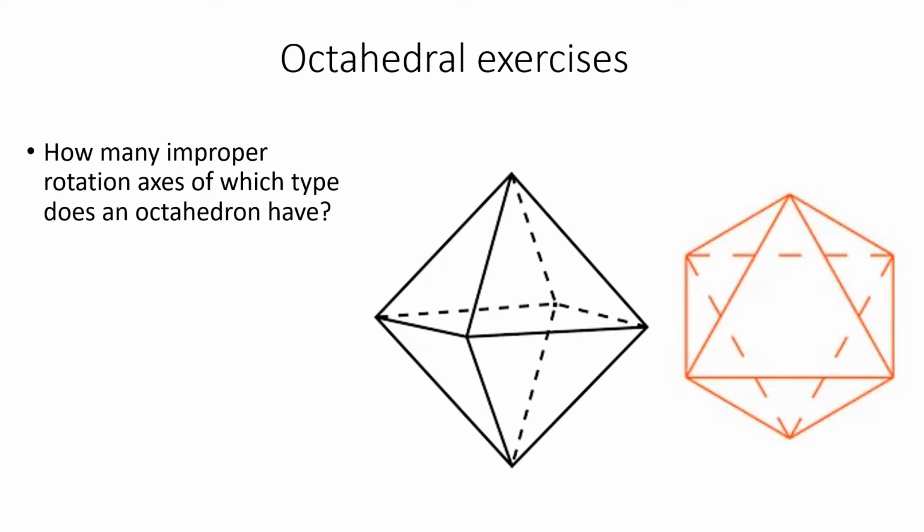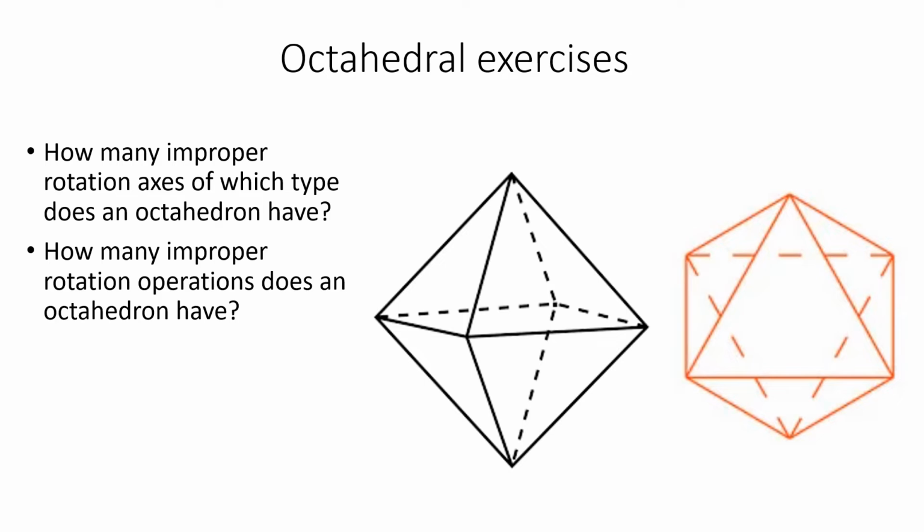And if you then had a perpendicular mirror plane, that would reflect the top face right onto the bottom face after the rotation. And so that's quite interesting. There's a hidden sixfold symmetry there in an octahedron. So that's one thing to think about, and how many axes of this type there'll be.